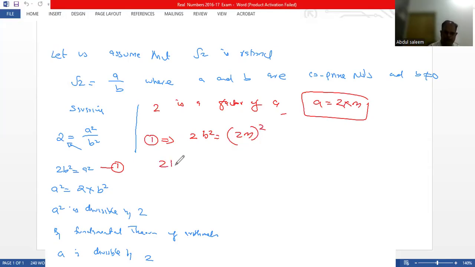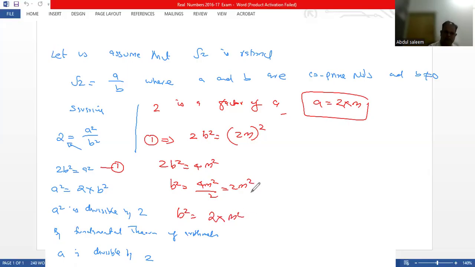Then 2b square equals 4m square, that is, b square equals 4m square by 2, which is 2m square. That is, b square equals 2 into a number.